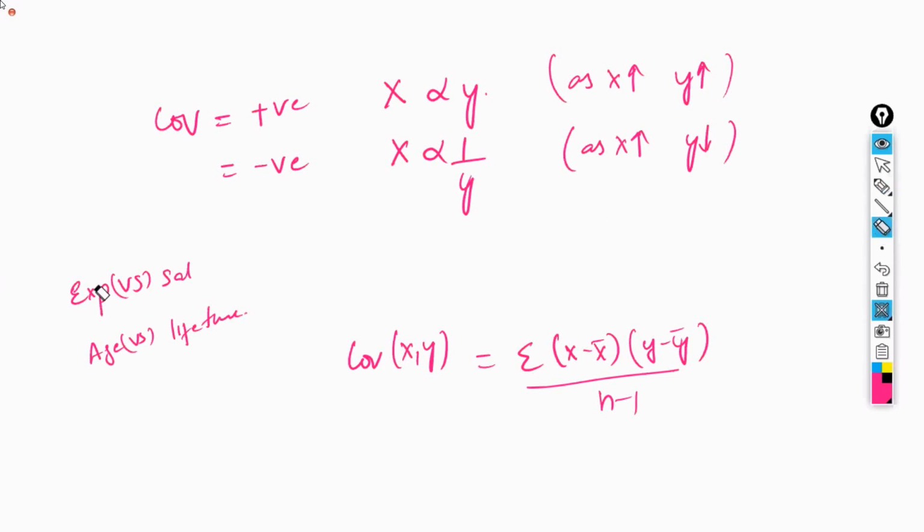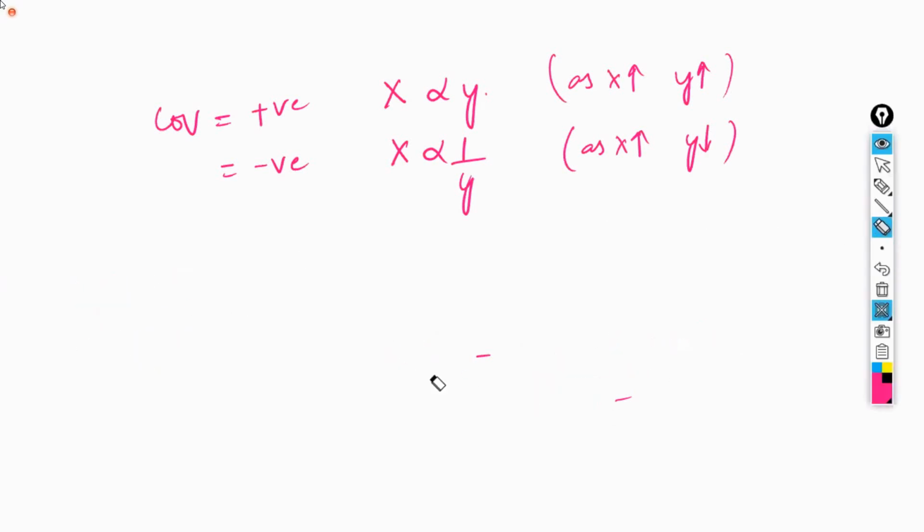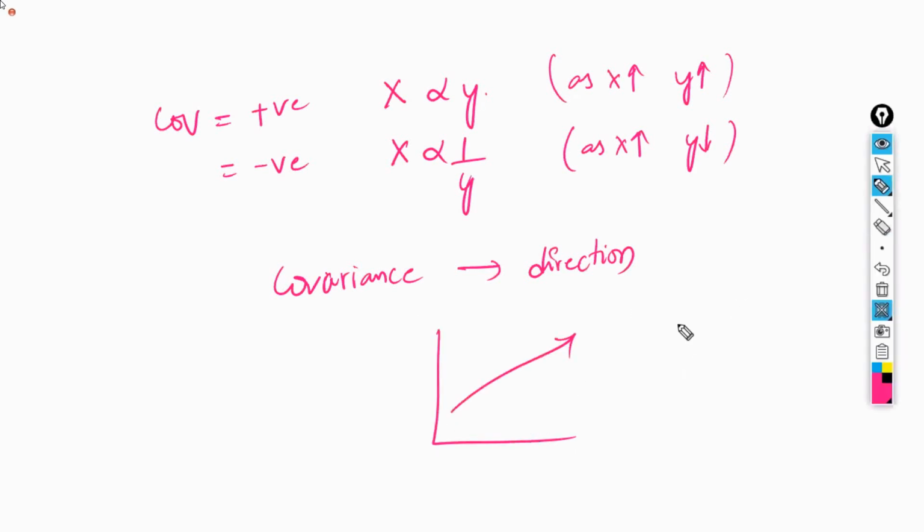Now the covariance is going to give you the direction. What is the use of covariance? It is going to tell me the direction, whether it is a positive direction or negative direction. Positive direction means as x increases, y increases. If you have some data points like this, as x value from here to here increases, y value also increases.